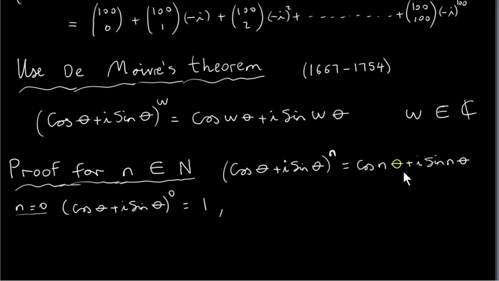Now let's look at the right hand side. So we replace n with 0. So we get cos of 0 times theta. Well, that's 0, plus i sine of 0 times theta. Well, we know that the cos of 0 is 1. The sine of 0 is 0. So we get 1 plus i times 0, or just 1. You see, both sides are the same. So de Moivre's theorem is true for n equals 0.